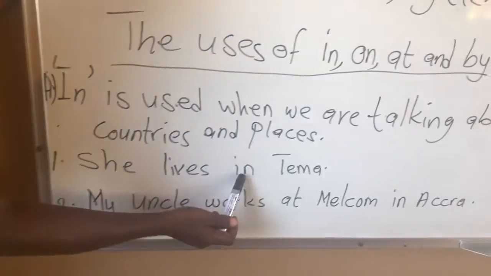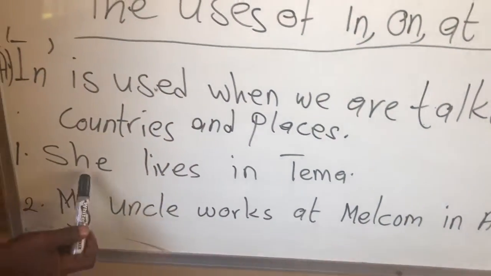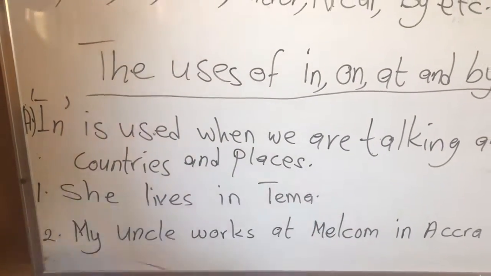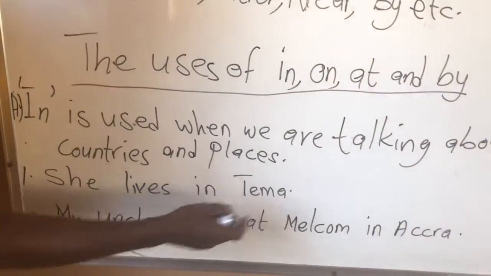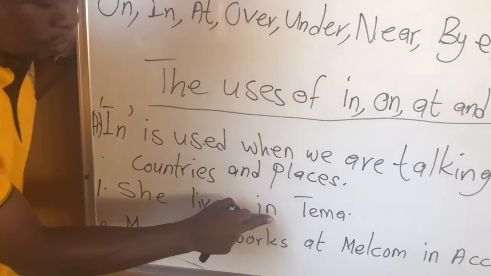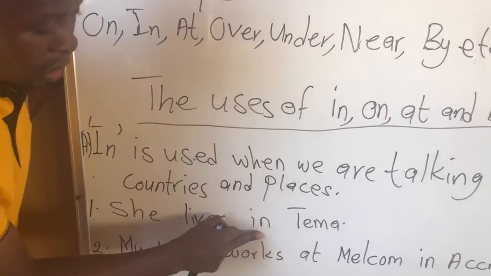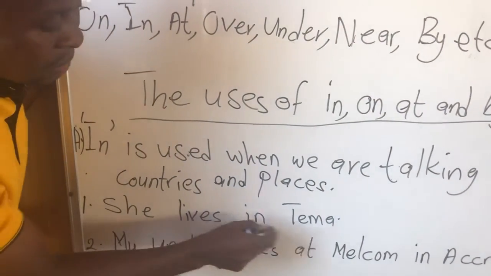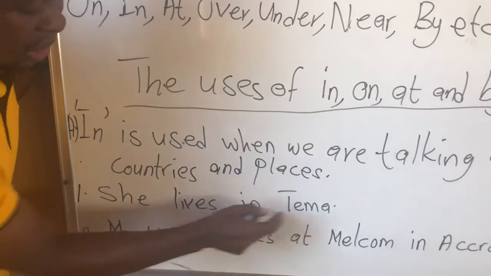She lives in Tema. Tema here is a city. So she lives in Tema, not at. When we use at, it is wrong because Tema is a city.